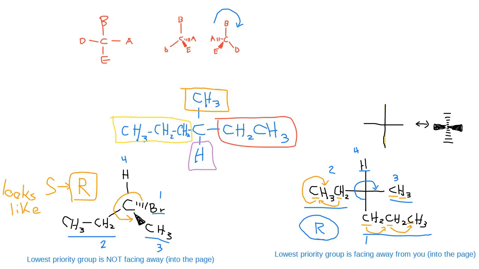So if the lowest priority group is facing away from you, then clockwise equals R. Counterclockwise is S.